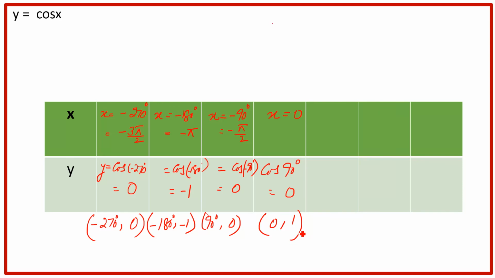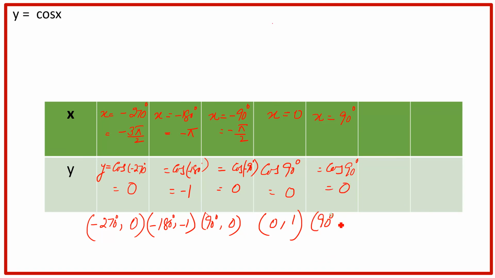So it will be 0 and 1. Now we will put x is equal to positive 90 degree, or pi by 2, 90 is fine. So cos of 90 is 0.